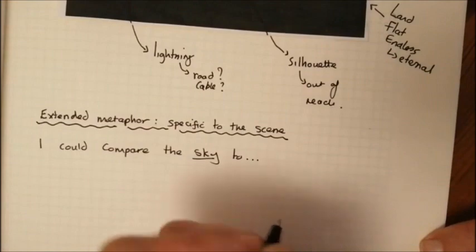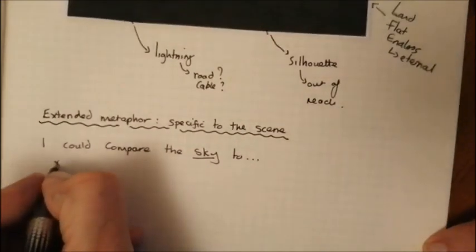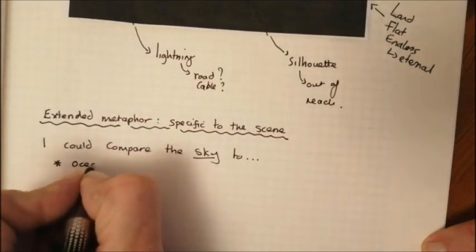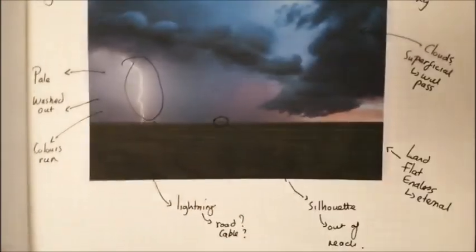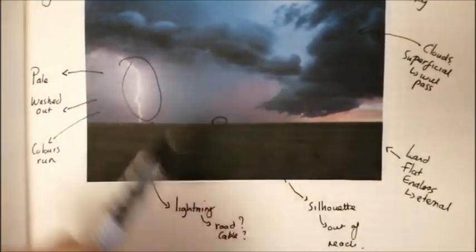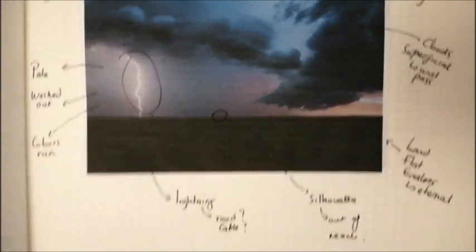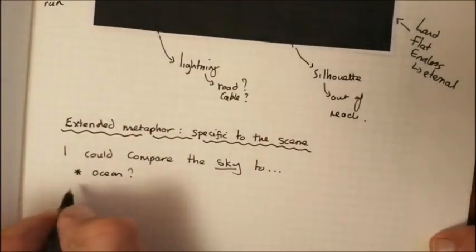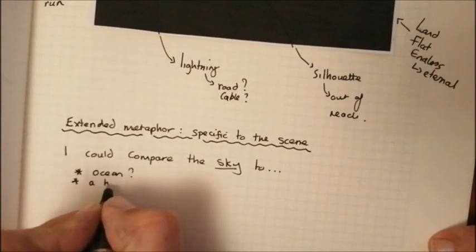I could compare the sky to an ocean, I guess. That's one thing. Like this raging, churning ocean with waves crashing, that could be a good metaphor for the boy's emotions. I mean, I could literally compare it to the boy's heart.